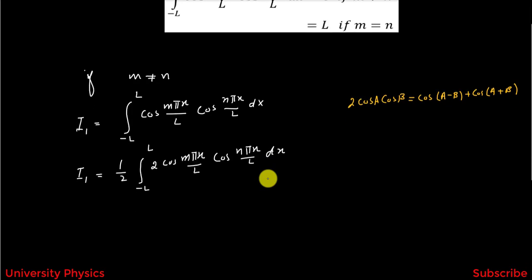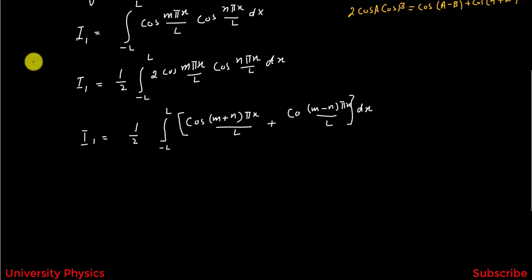I can write this as I1 is equal to half the integral from minus L to plus L of cos((m plus n) pi x over L) plus cos((m minus n) pi x over L) dx. Now I have to integrate these two terms. This integration will apply to this term and also to this term.